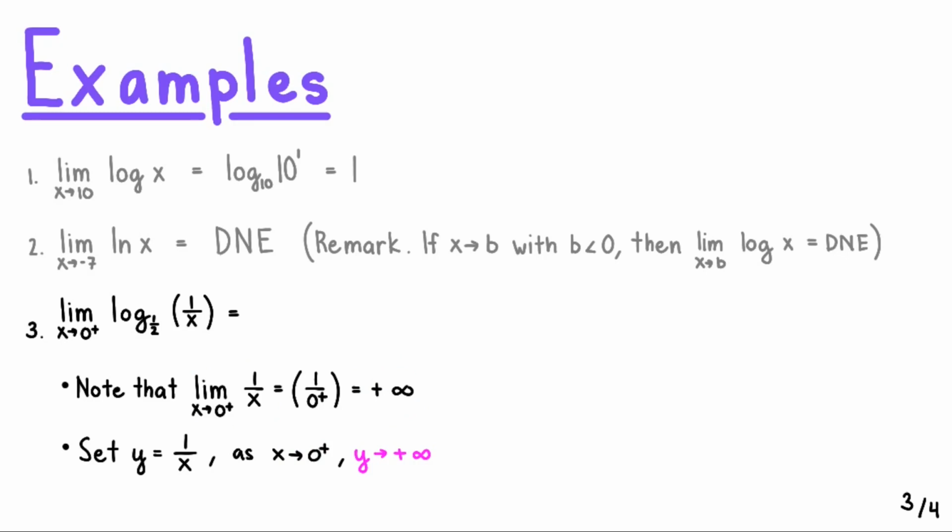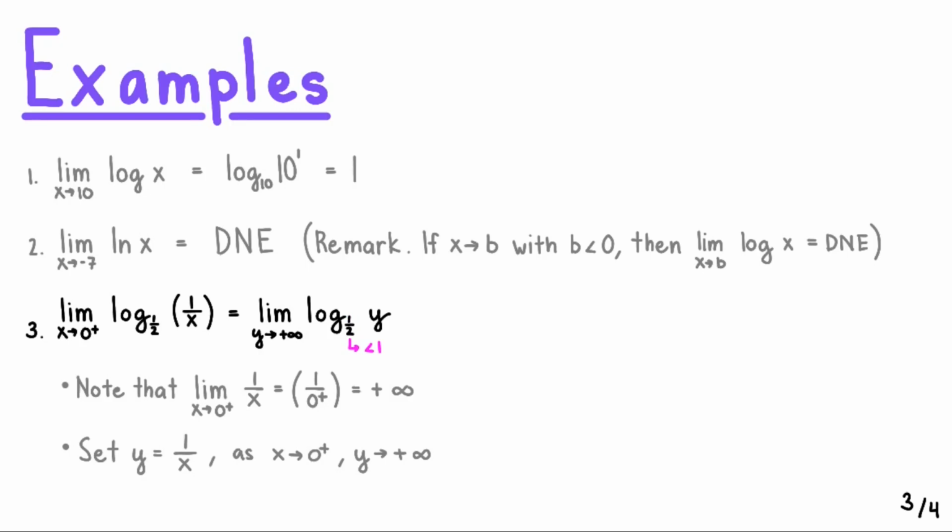So that is what we have shown out here. Given this, we can rewrite the given limit into the limit as y approaches positive infinity of log of y with the base 1/2. And we can now solve this, since take note that 1/2 out here is less than 1 and greater than 0.